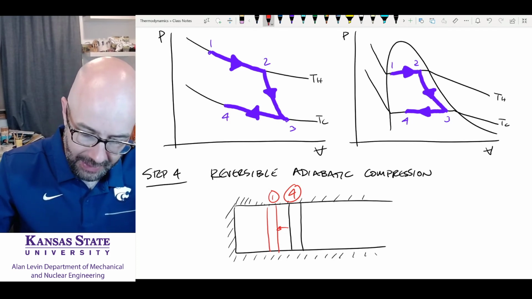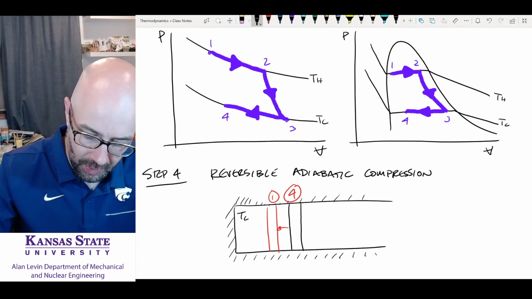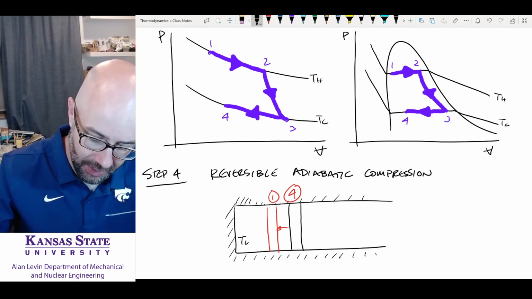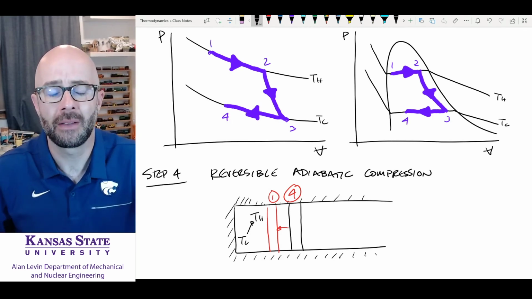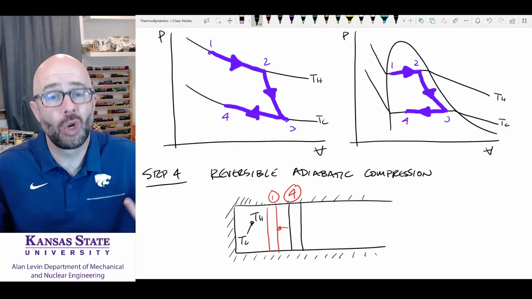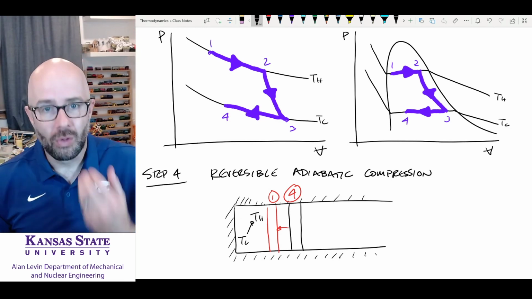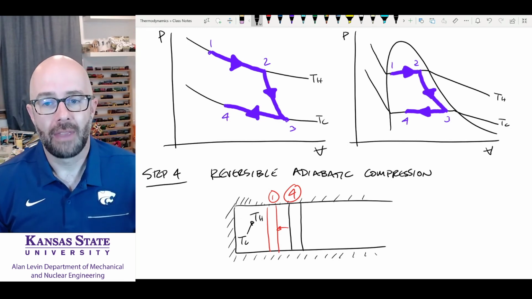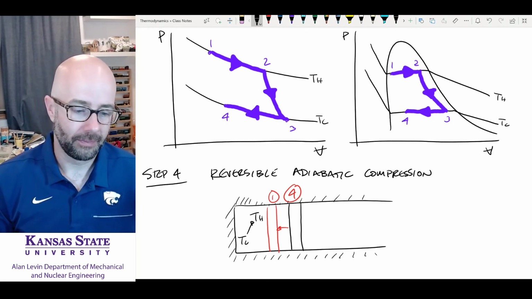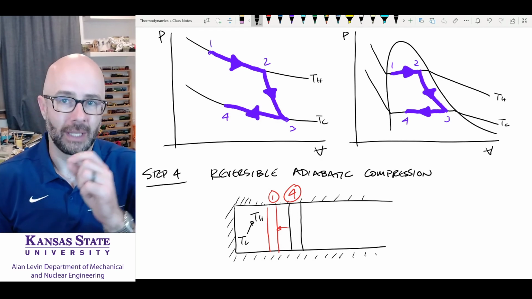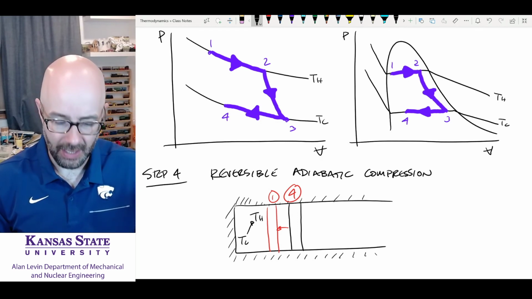And what happens is that temperature cold increases, and I should write it this way just to make it a little bit easier to understand. Temperature cold increases to temperature hot, because now compression is happening. Those molecules are getting more excited, and there's nowhere for that heat to go. So it's going to raise the temperature of that fluid, of that gas, of that water that we have there. That's what's happening. We've completely gone back to our state 1.